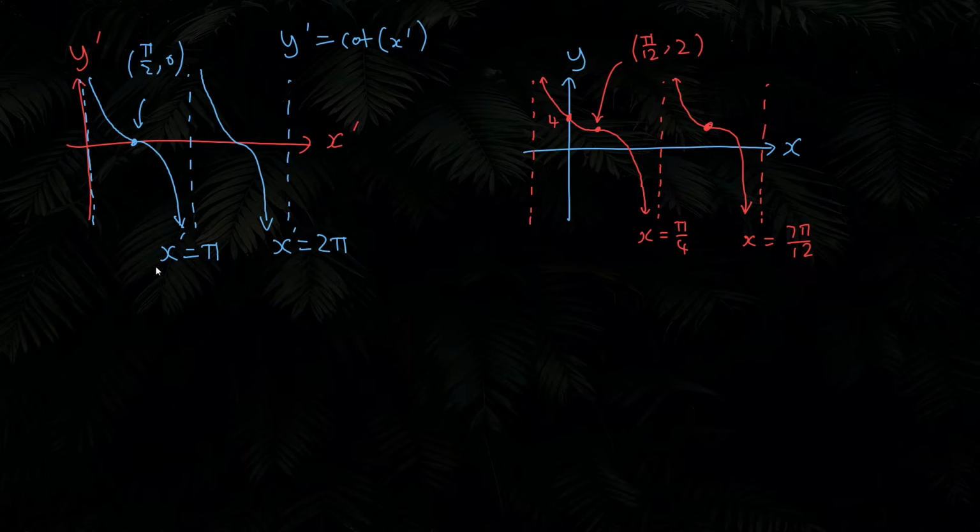So the main thing we know is that we want x dash equals pi to map to x equals pi on 4. And we want x dash equals 2 pi to map onto x equals 7 pi on 12. And so what we can do is we can just compute this difference. Delta x dash here is pi. On the other hand, if we look over here, we find that delta x equals this number minus this number.